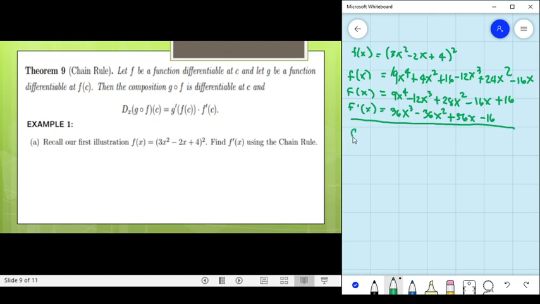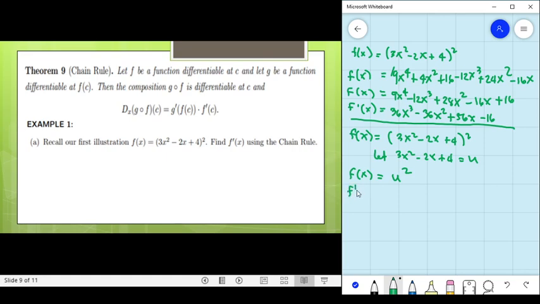If we are going to use the chain rule, what we do is disregard what is inside. Let u be 3x squared minus 2x plus 4, so f of x becomes u squared.